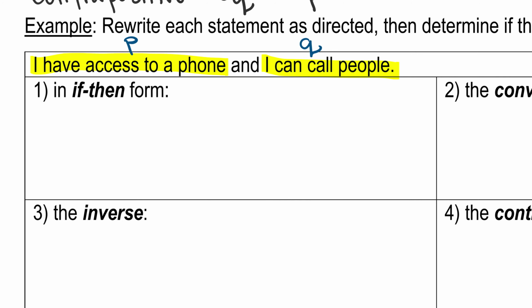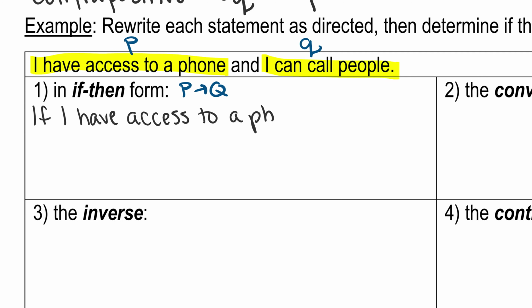So, if then, number one, on this example, we'd have P, then Q. So I would write if I have access to a phone, then I can call people.